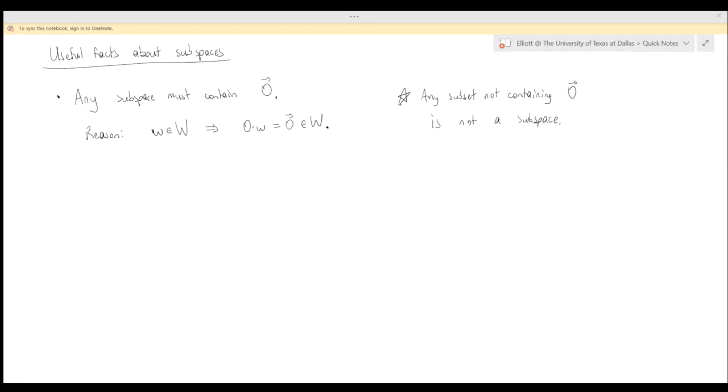Yeah, so that's a good one where previously we had the example x plus y equals 2. The 0 vector would not satisfy that condition. So since the 0 vector is not in that set, that's another reason for why it would not have been a subspace. Okay.